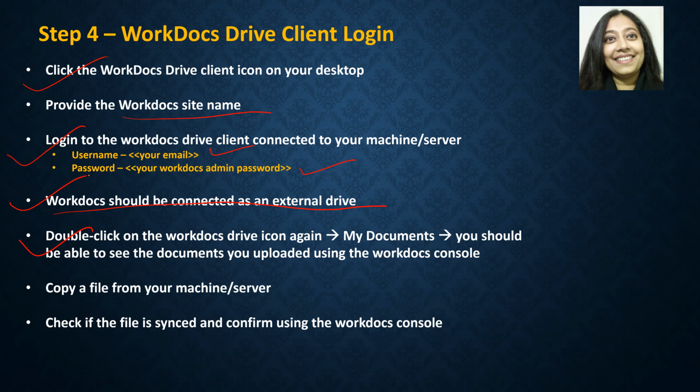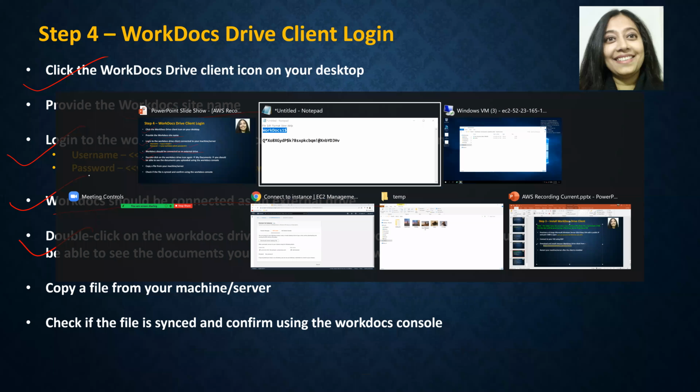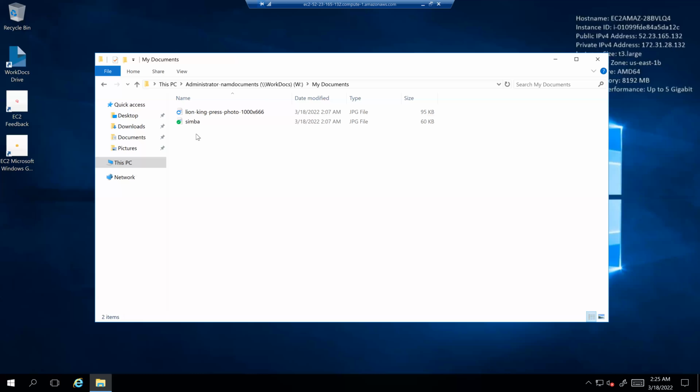Now, as part of our original scenario, we had to copy something from our machine to the WorkDocs site using the drive. So if you go back over here, how about we copy a file, right?